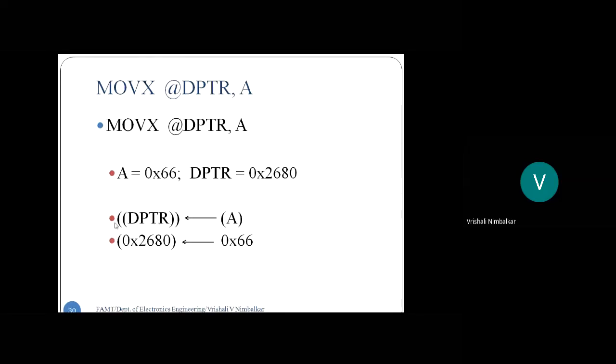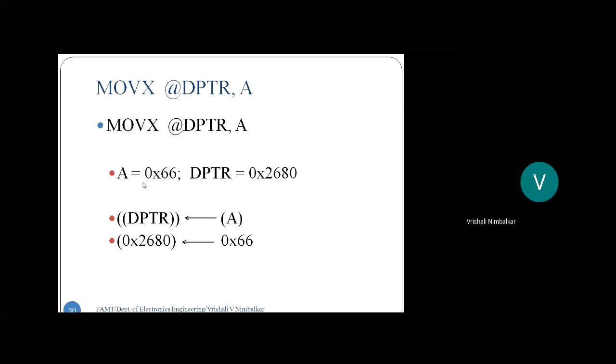DPTR is a 16-bit register and our address is also 16-bit. So I can store anywhere in external RAM, right from 0000 hex to FFFF. Any location of RAM memory, I can store the data, because DPTR is a 16-bit register and the address of memory is also 16-bit.